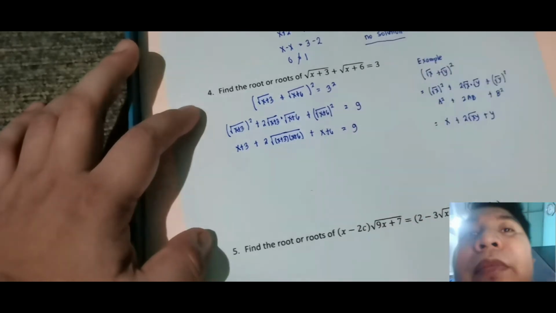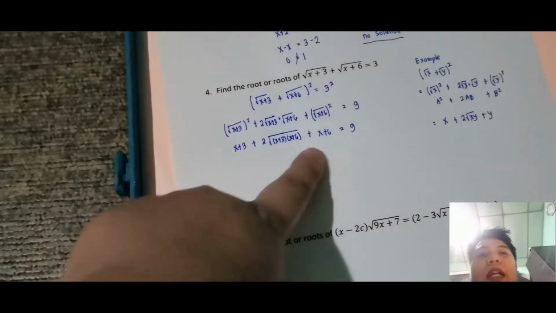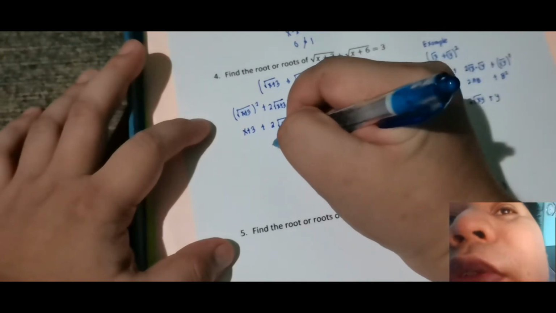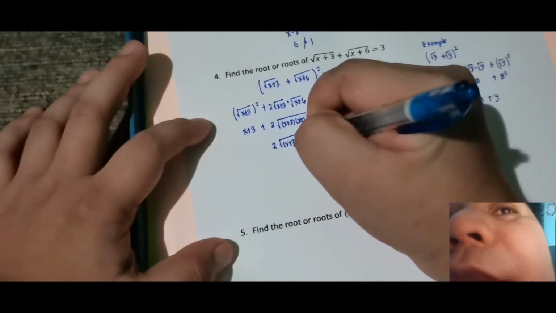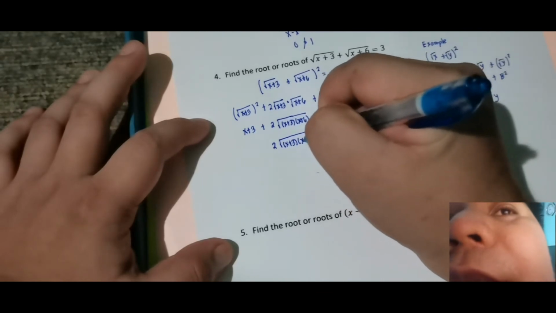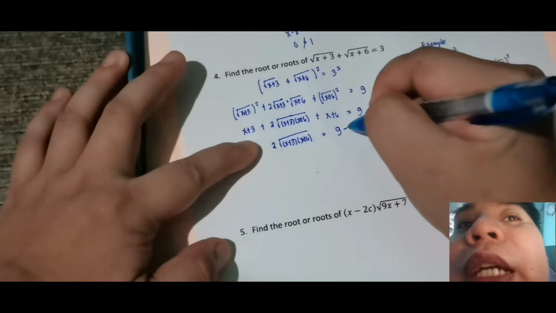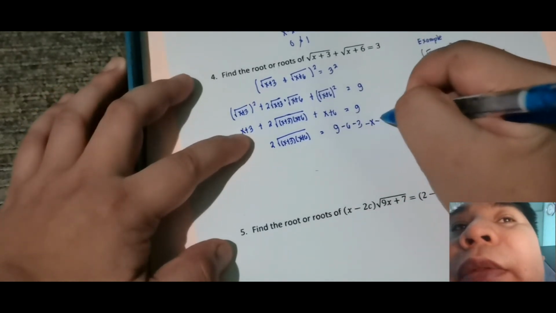Okay, ang sabi ulit, lahat daw ng walang square root dalhin sa kabilang side. So tulad nito, x plus 3 sa x plus 6, dalhin ko na sa kabila. So this is equal sa 2 square root ng x plus 3 times x plus 6 equals 9 minus 6 minus 3 minus x minus x.